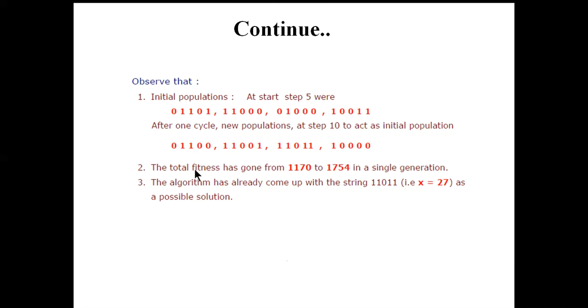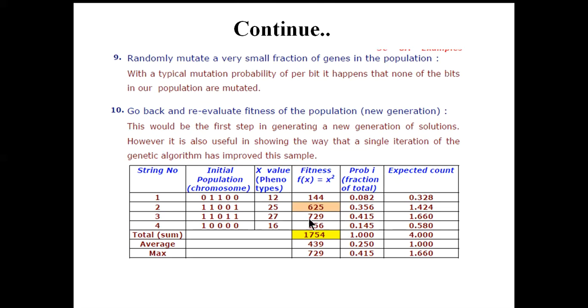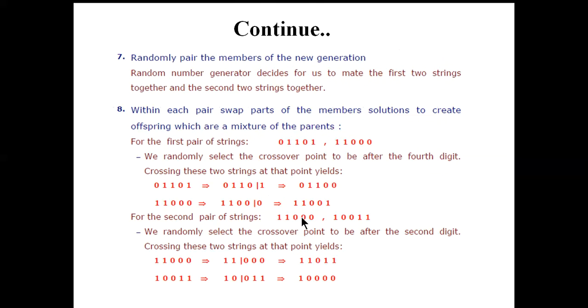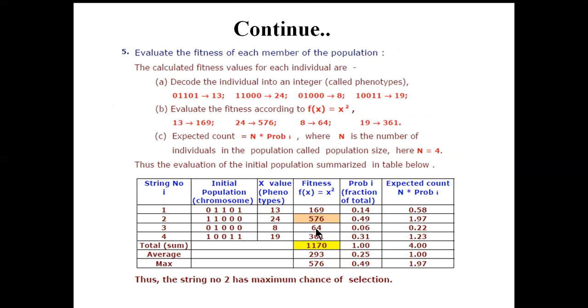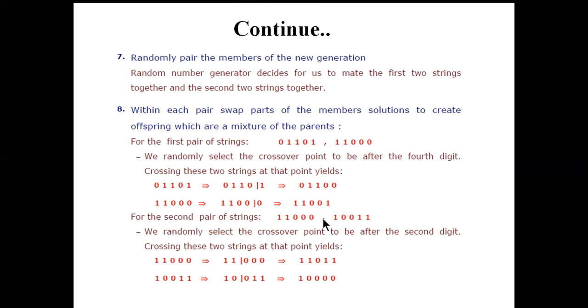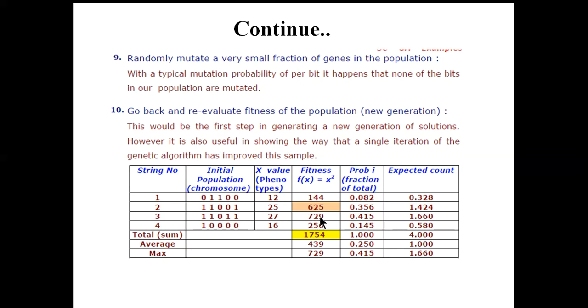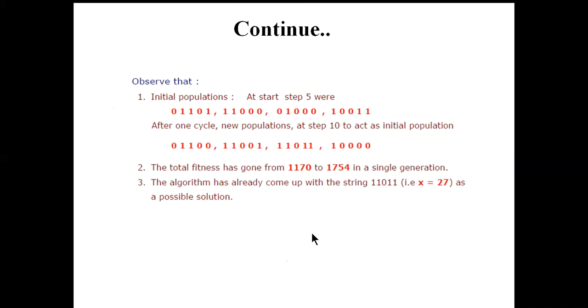Total fitness has gone from 1170 to 1754 for a single generation, and maximum fitness has reached from 576 to 729 after one iteration. That means we are moving towards the global solution.